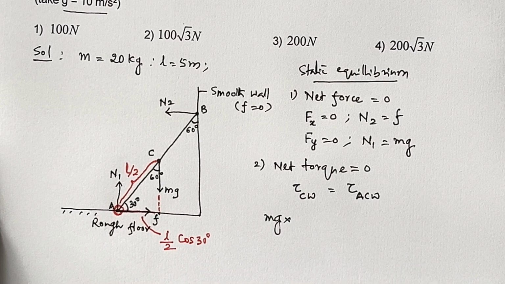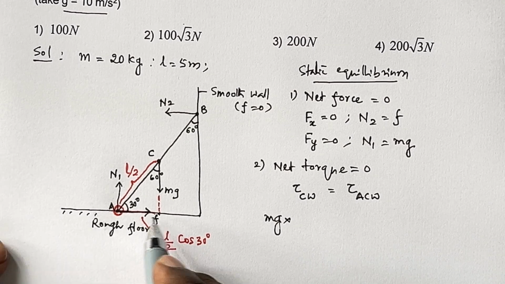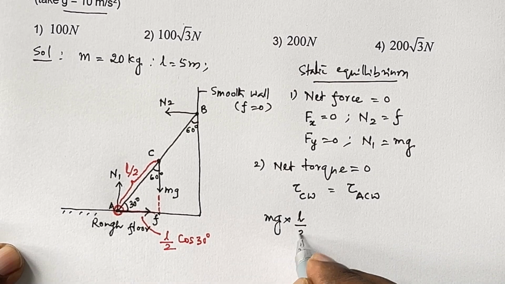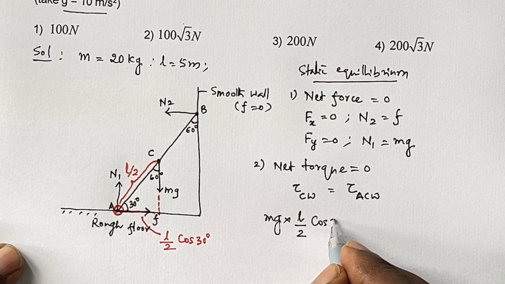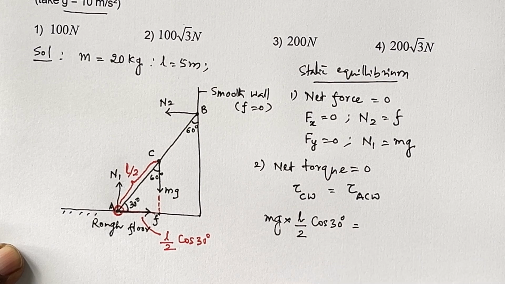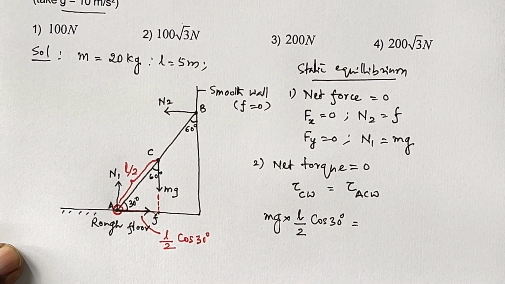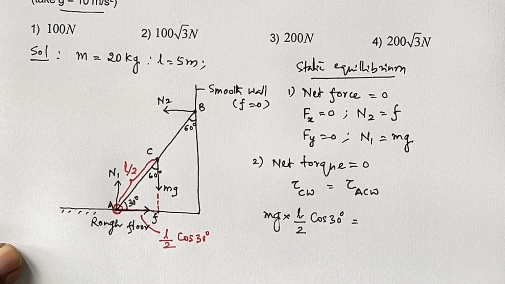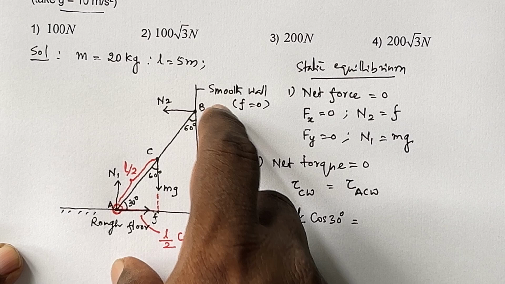So the torque formula: force into perpendicular distance from the force to the axis of rotation. That is, mg times the perpendicular distance L by 2 cos 30 is equal to the anti-clockwise moment. Which force is creating the anti-clockwise moment?